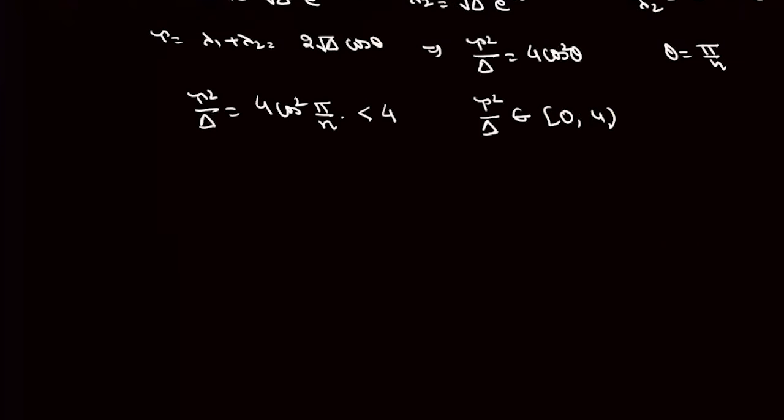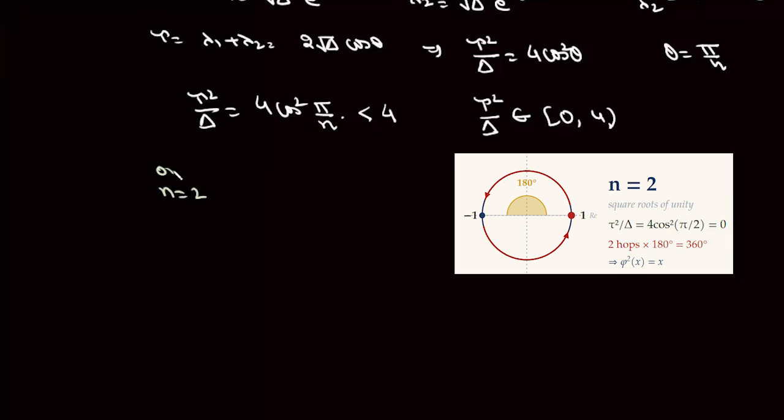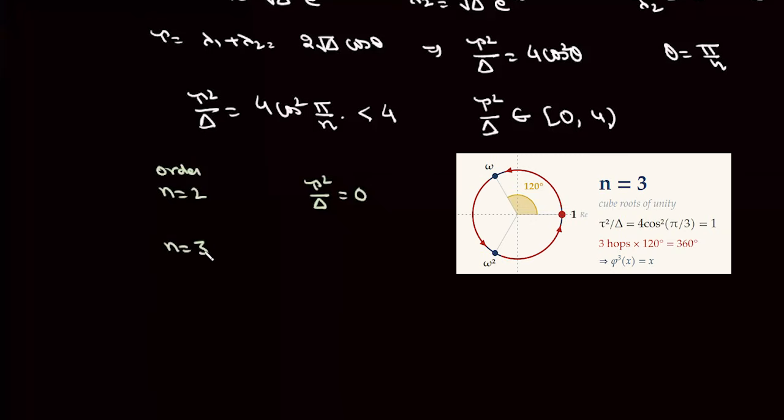Now we can complete our table. When n is 2, that is when the order is 2, tau square upon delta will be 4 cos square 45, so its value will be 0. When order is 3, tau square upon delta will be 4 cos square pi by 3, and cos 60 is 1/2, so the value is 1.